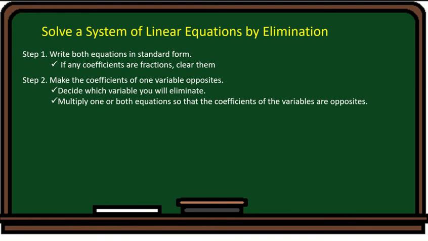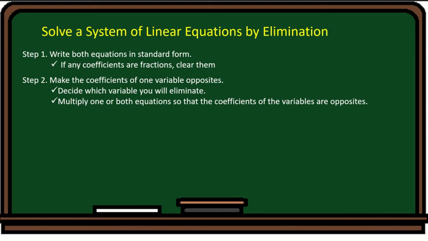Step 2. Make the coefficients of one of the variables opposites. Decide which variable you will eliminate and multiply one or both equations so that the coefficients of the variable are opposite. So in this part, ito yung part na medyo crucial kasi you are to decide which variable are you to eliminate.